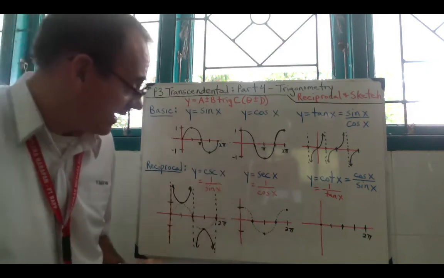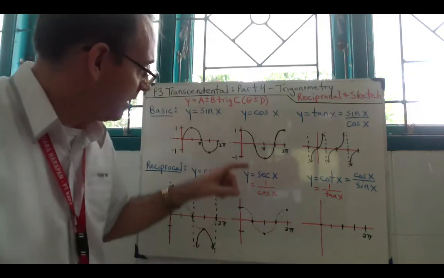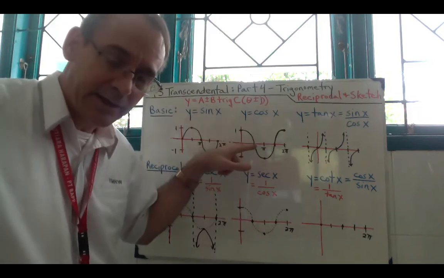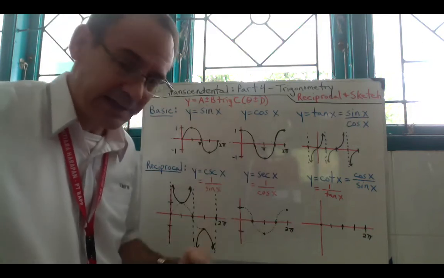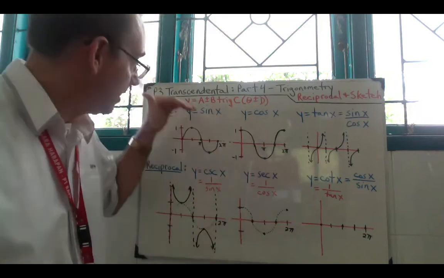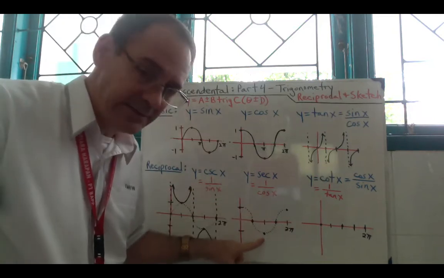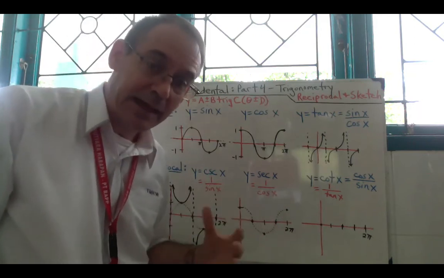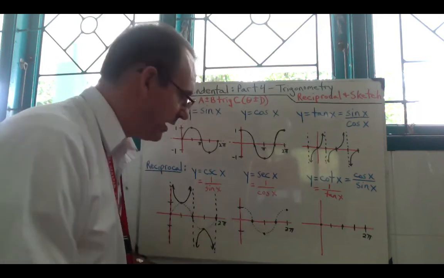Now for the secant one, our zeros and ones are in a little bit different location, but we still mark the zeros of the graph where the original cosine graph was on the x-axis or on our center line. And we also mark the ones, the top and bottom part of the amplitude. And so again, we cannot divide by zero.